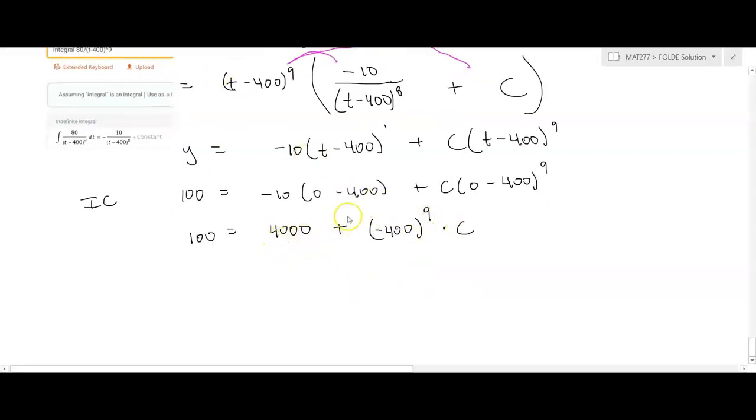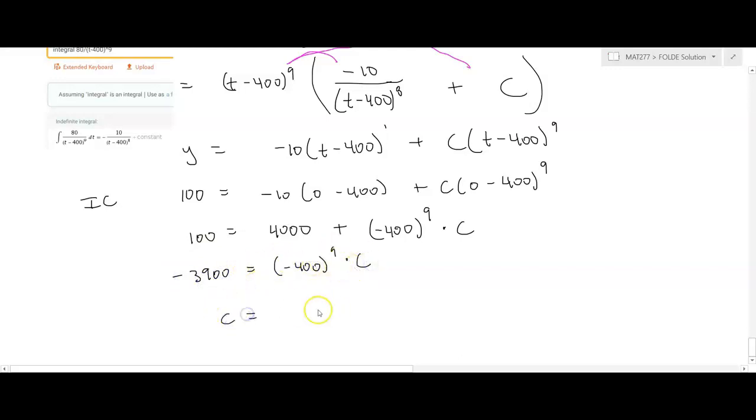And this might be a new thing that you're seeing here, order of magnitude. Order of magnitude here is very large. So sometimes when you have magnitudes that large, it's better just to keep things in exact form. So subtracting 4,000, that gives us negative 3,900 equals negative 400 to the ninth times c.